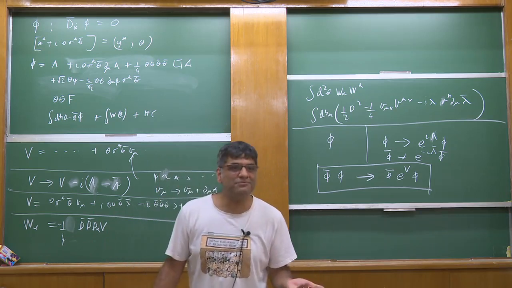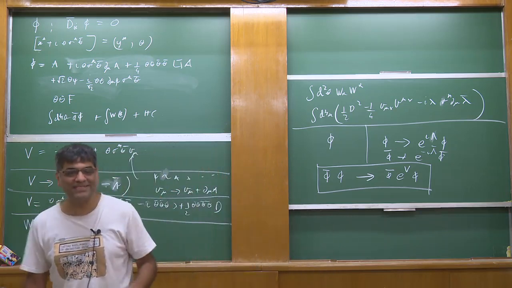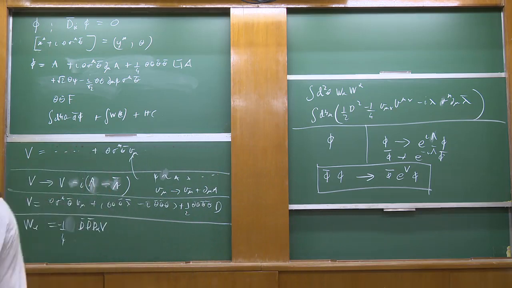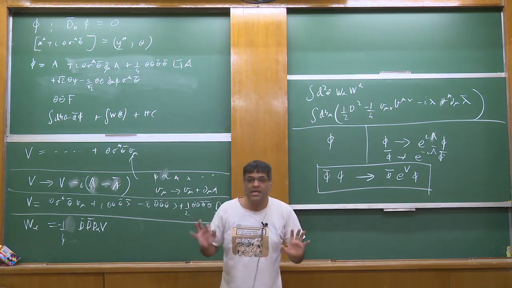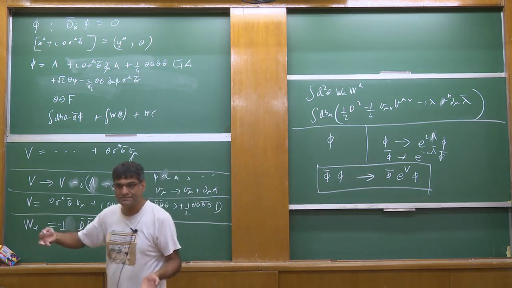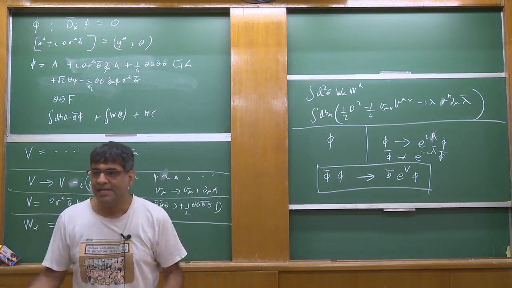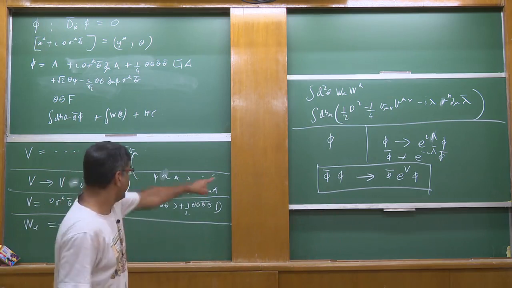Where did the derivatives come from? From y to x. Exactly, because in the expansion of y to x, we Taylor series expand, and that gives us derivatives. And as we know, the way we make charged matter fields interact with gauge fields is to replace all derivatives with covariant derivatives. So this is the analog of that.